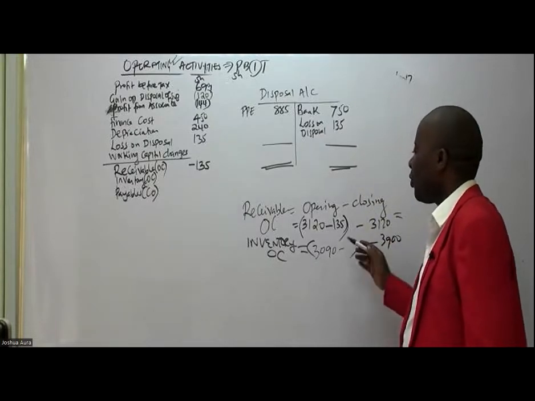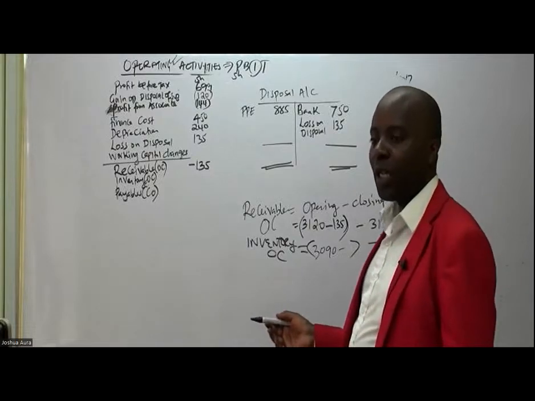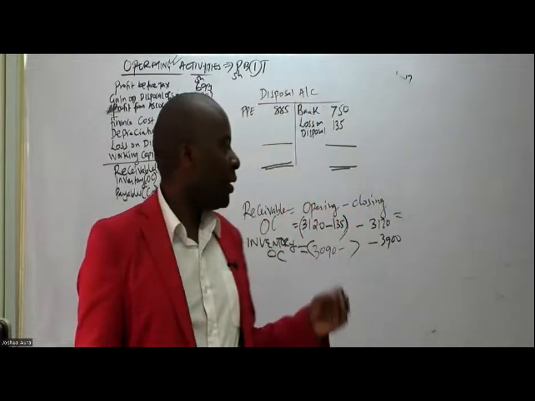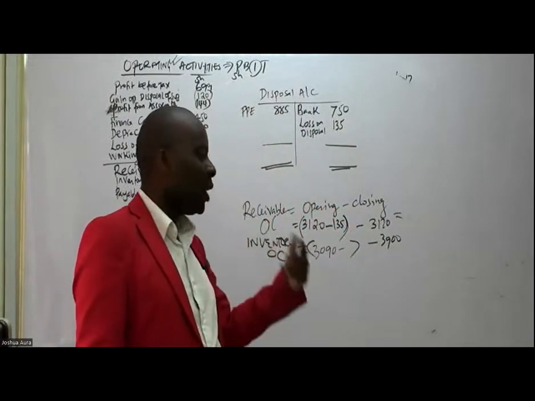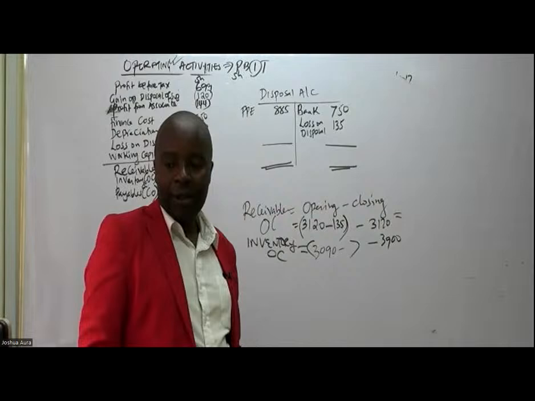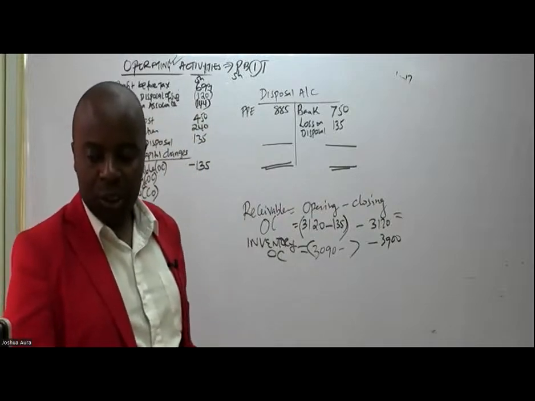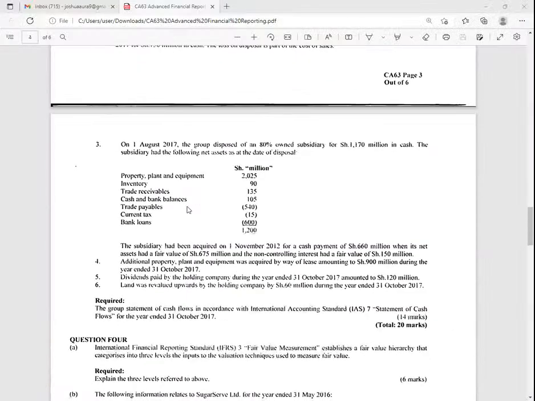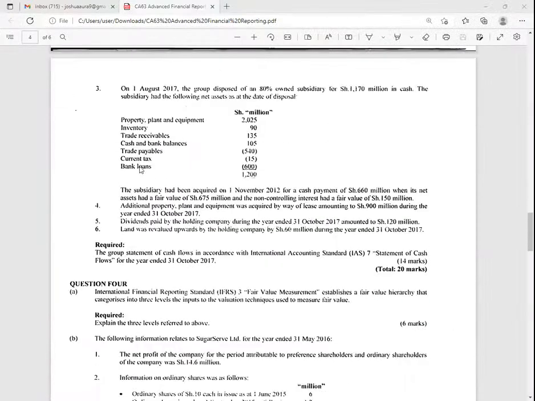We ask ourselves whether we had any inventory that the subsidiary we disposed of went away with. So are you able to see the disposed subsidiary's inventory? It is 90 bob.